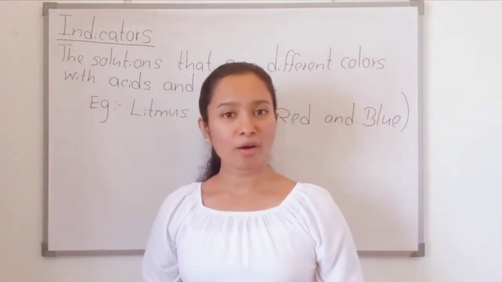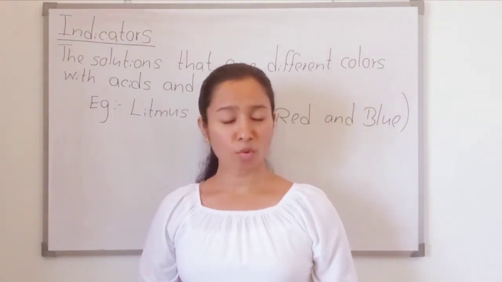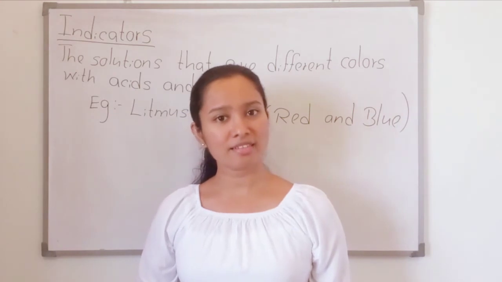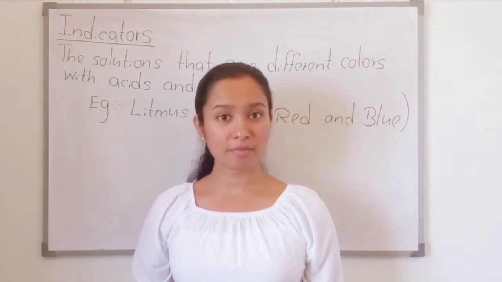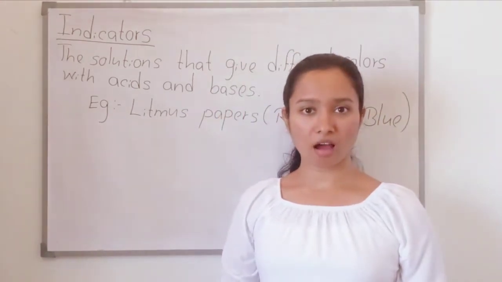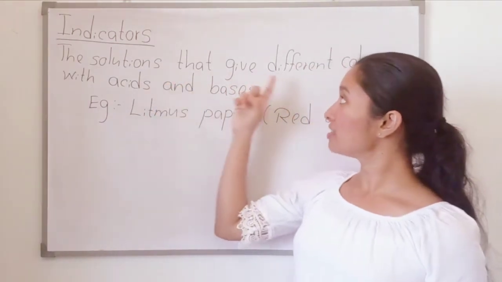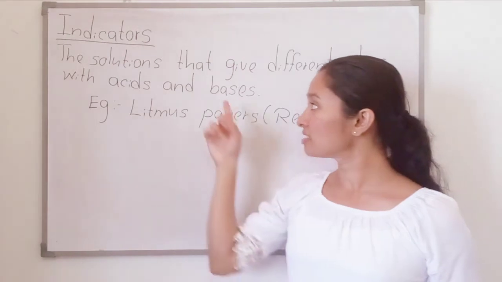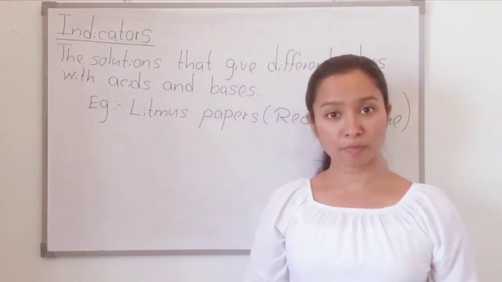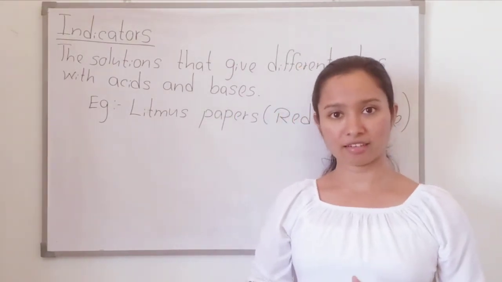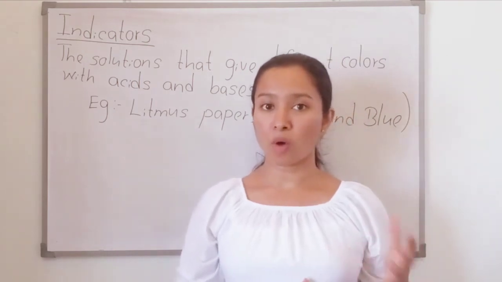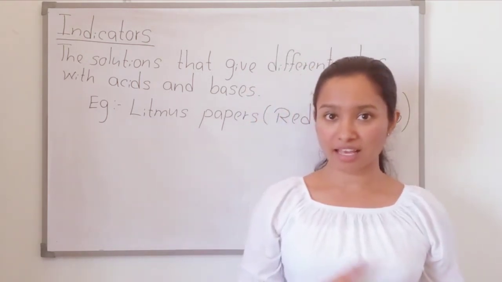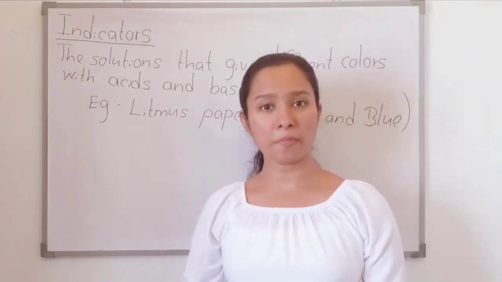We were talking about indicators. So what is the use of indicators? What are indicators? Indicators are the solutions that give different colors with acids and bases. That means these indicators give us one color for acids and another color for bases.